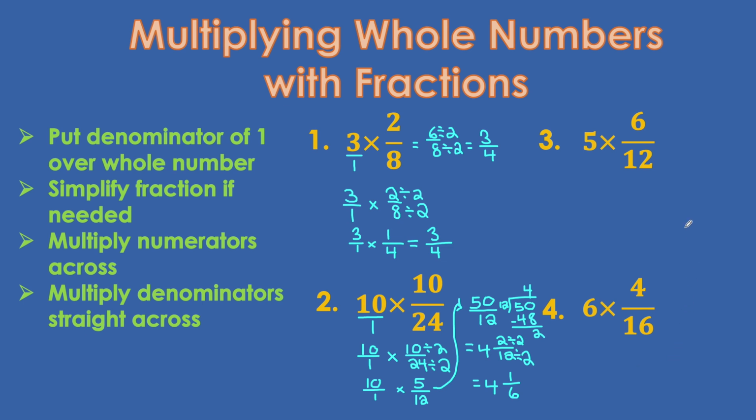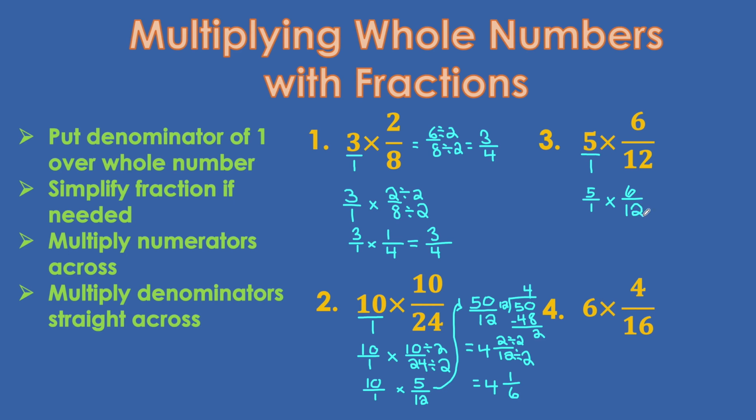Moving on to number 3. We have 5 times 6 over 12. First, put a denominator of 1 over the whole number. Next, you can simplify the fraction. Let's rewrite this. 5 over 1 times 6 over 12.